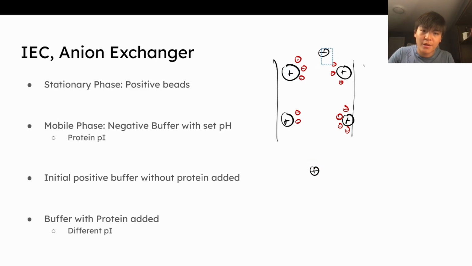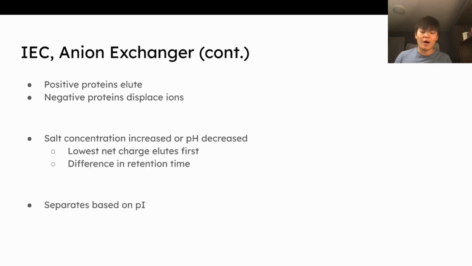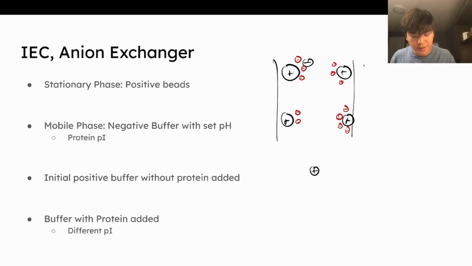The negative proteins, on the other hand, will displace some of these ions. There are not that many of the ions, so they're going to displace them. Now the positive proteins have all eluted, and the negative proteins are just chilling in there. Now, exact same thing: increasing salt concentration, remember, means more negative anions here.